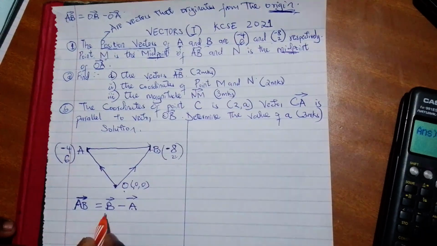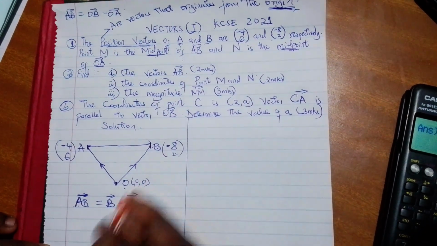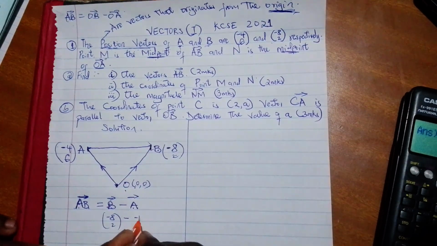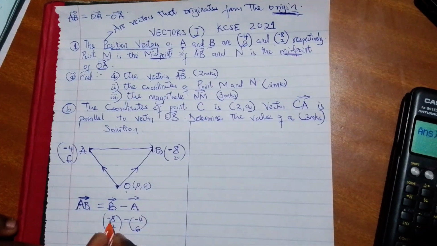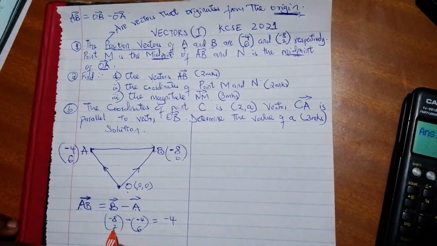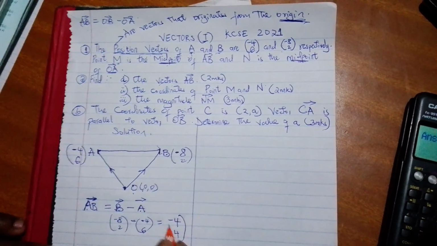Okay, so let us now calculate. Vector AB will be equal to vector coordinates at point B, which is -8, 2, minus -4, 6. So -8 minus -4 will be equal to -4. 2 minus 6 will be equal to -4. Always use your calculator.